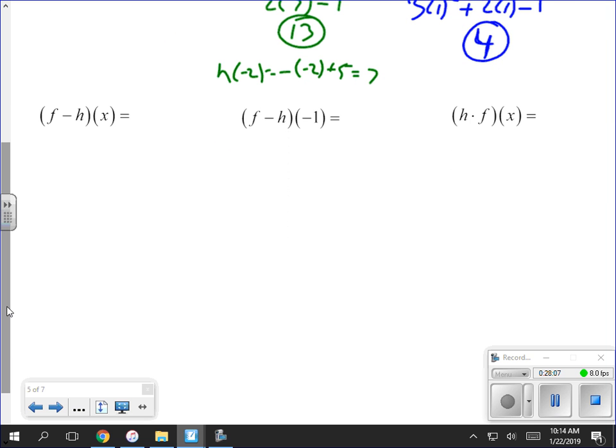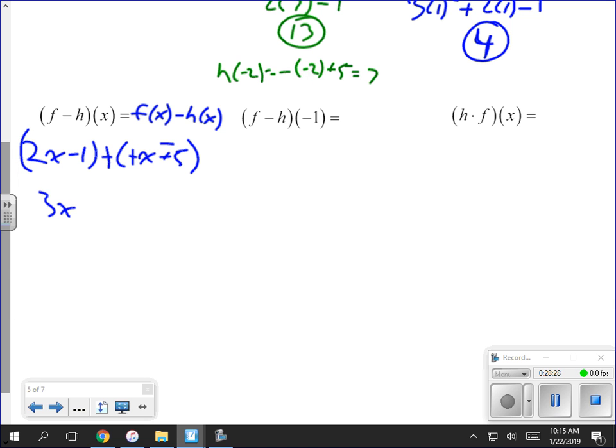Next one, f minus h of x. f of x minus h of x. So I have 2x minus 1 minus (-x plus 5). Distribute my negative.